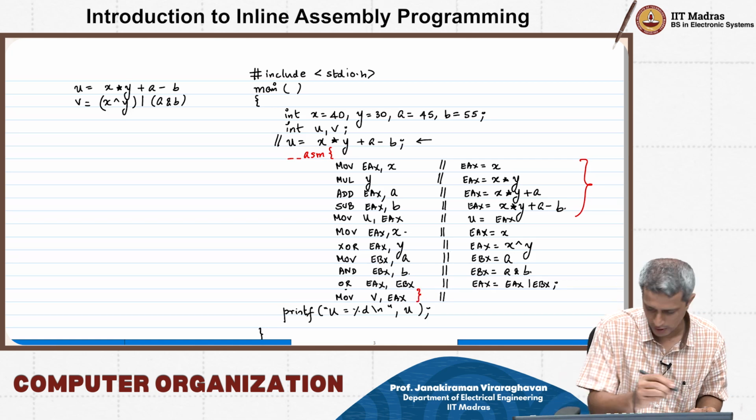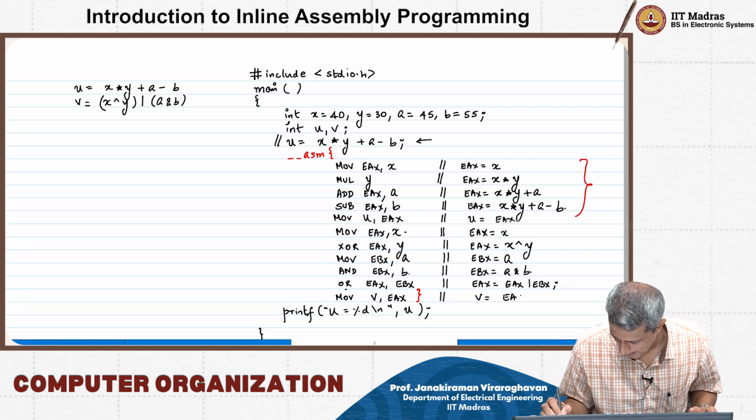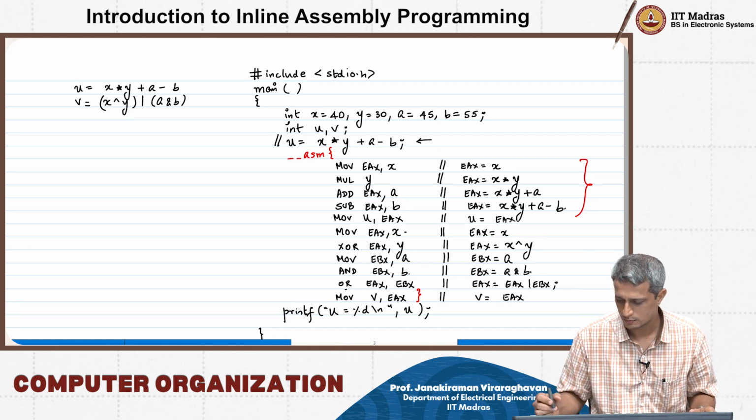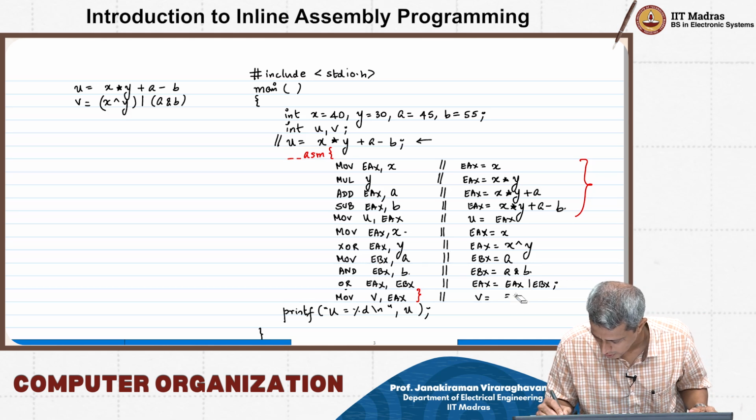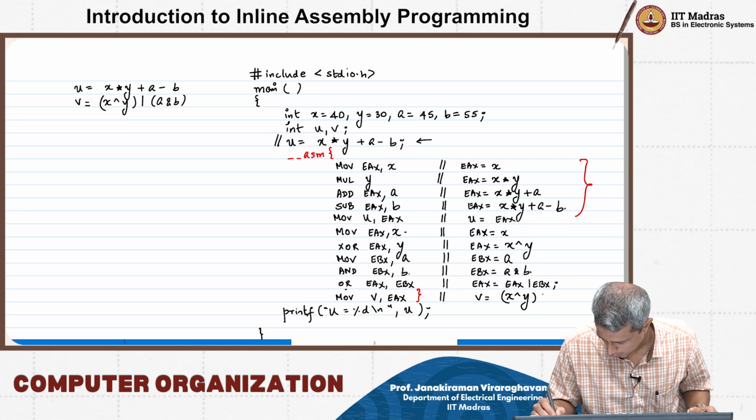So this is going to say V equals EAX, or the ultimate operation, which is X XOR Y or A and B.